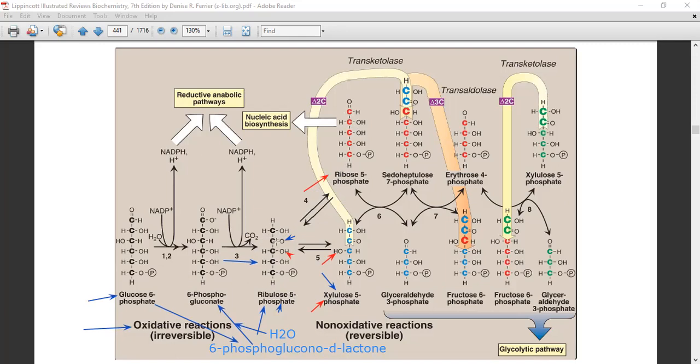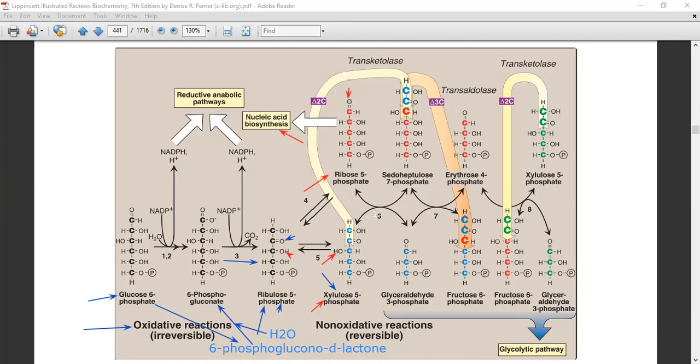That is the function of the isomerase. Ribose 5-phosphate is used in nucleic acid biosynthesis.